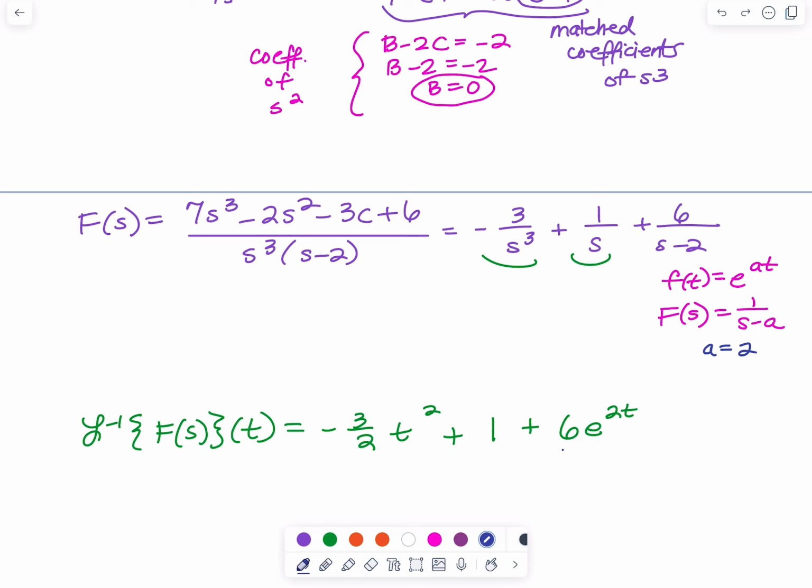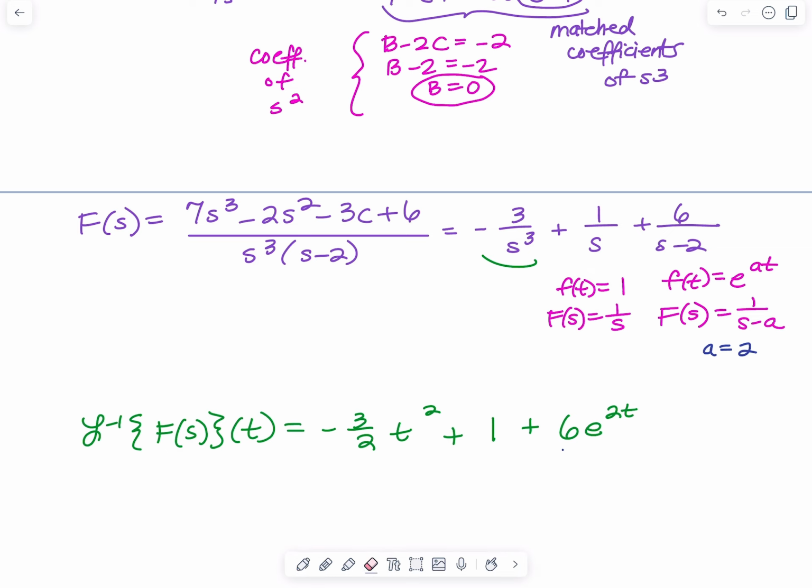Now, looking at the 1 over s, we're pretty familiar with that. When f of t is equal to 1, we have 1 divided by s as our Laplace transform.